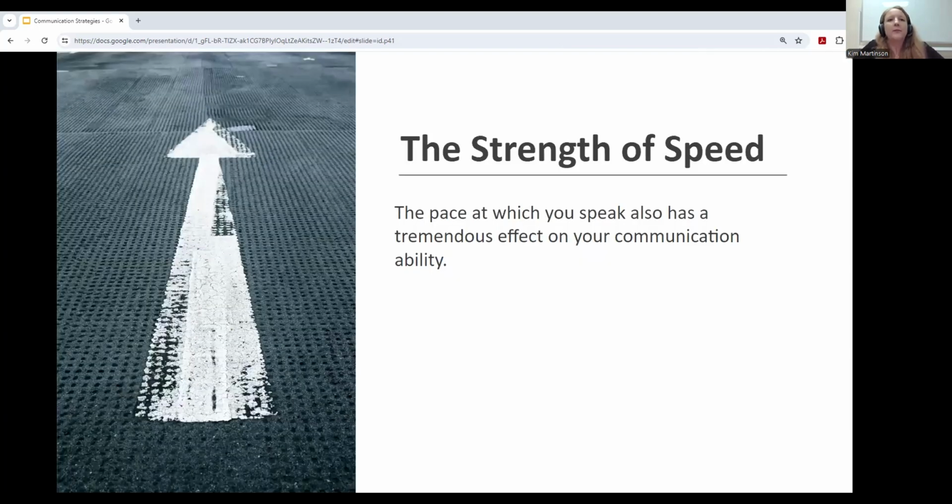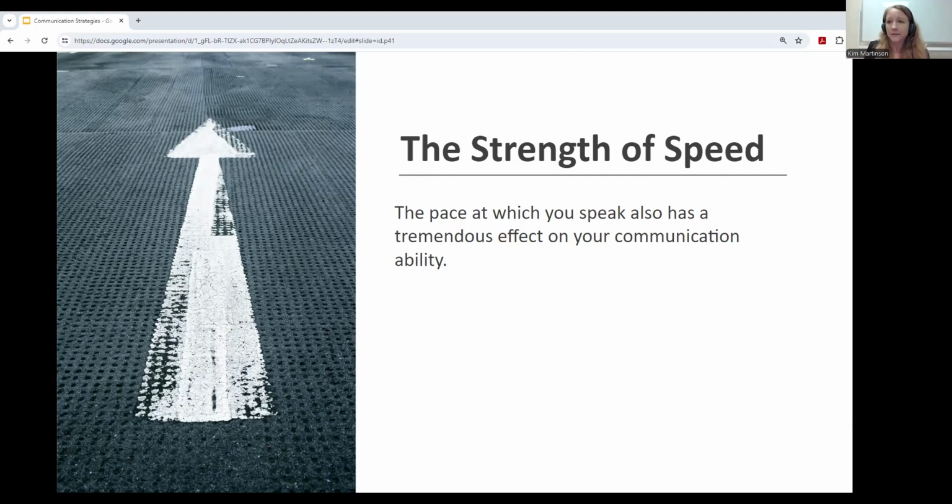And then the pace at which you speak, so the strength of speed, sorry. The pace at which we speak also has a tremendous effect on your communication ability. From a practical perspective, someone who speaks quickly is harder to understand than someone who speaks at a moderate pace. This is why we always tell you guys to slow down when giving presentations, or you might have heard that, like slow it down.